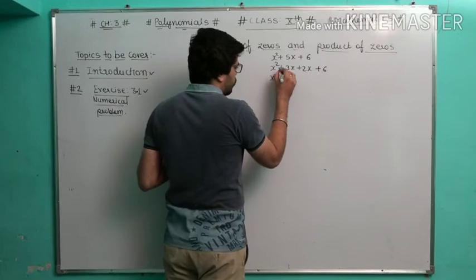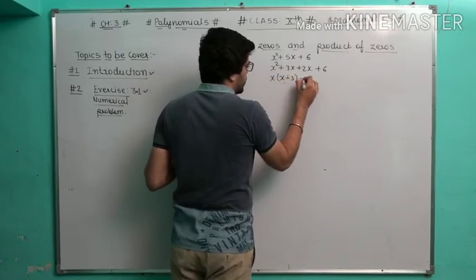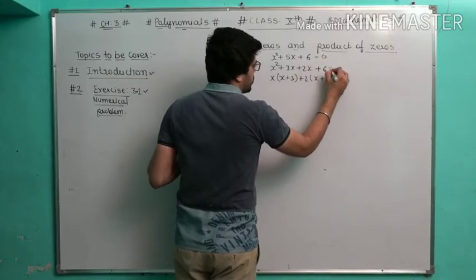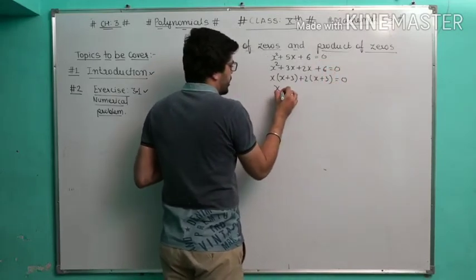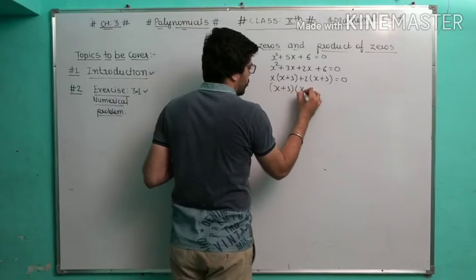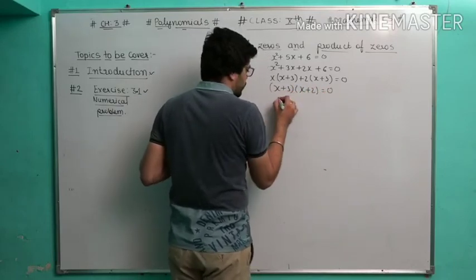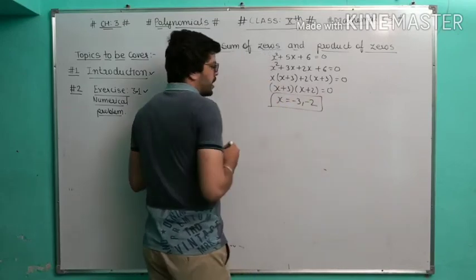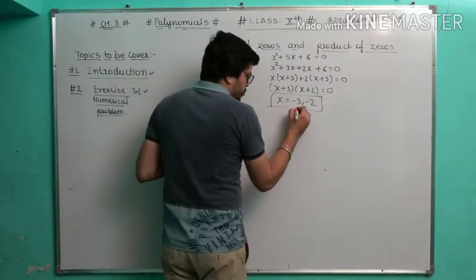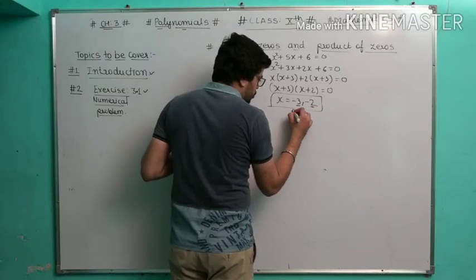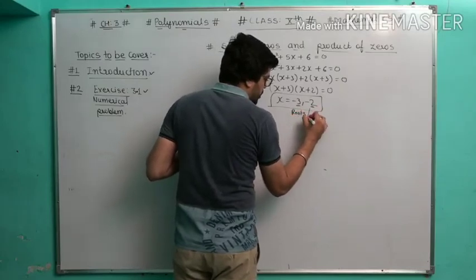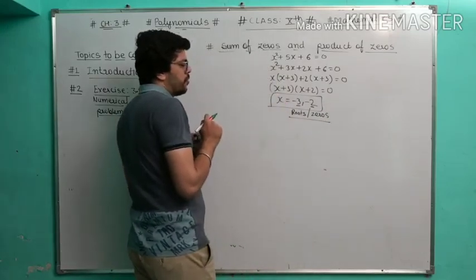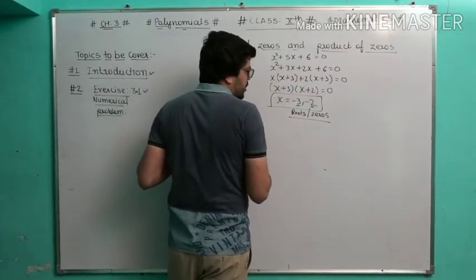So you will take x common, this is x plus 3, you will take 2 common, x plus 3, is equal to 0. Here you take x plus 3 common, and here x plus 2 is equal to 0, so x is equal to minus 3 and x is equal to minus 2. So these are called roots, these are also called zeros, and on the basis of this we have to form the formula.